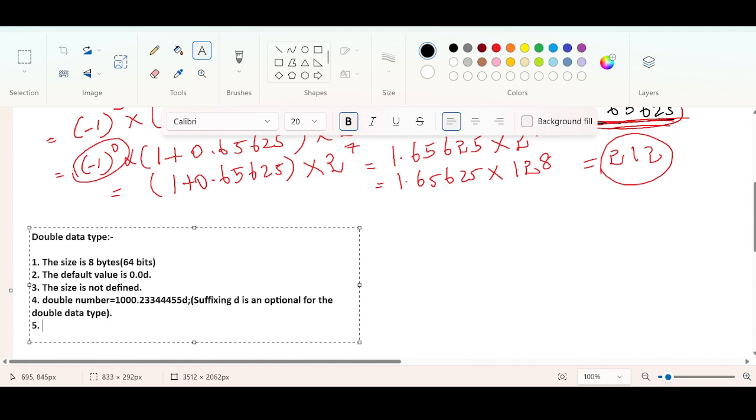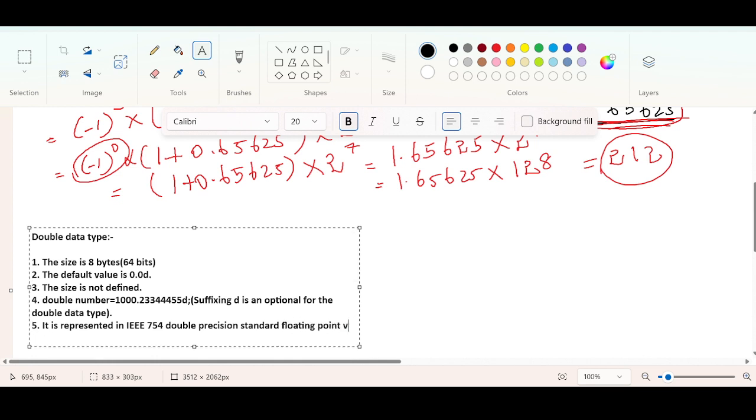And it is represented in the IEEE 754 double precision standard floating point format. This is the representation, right?